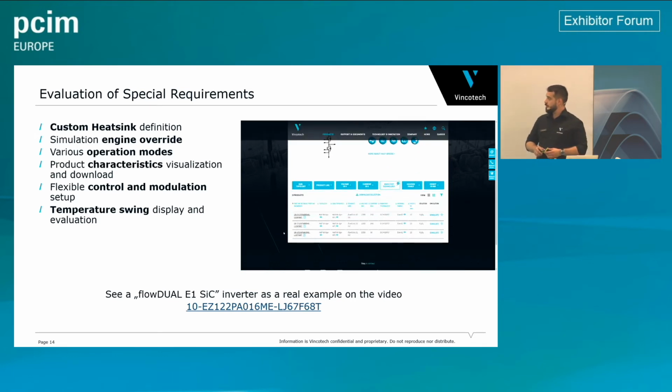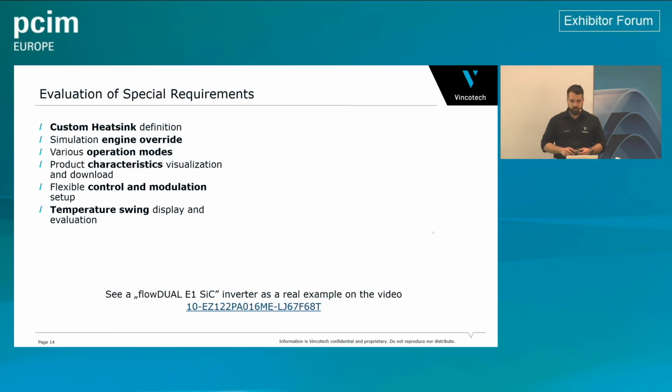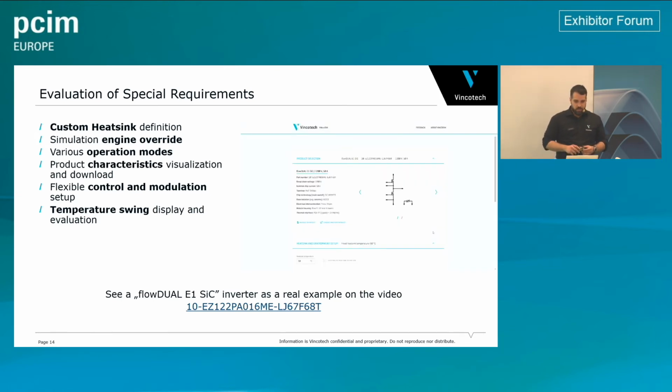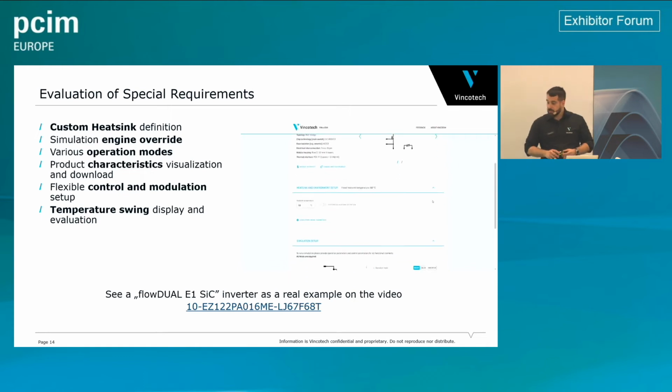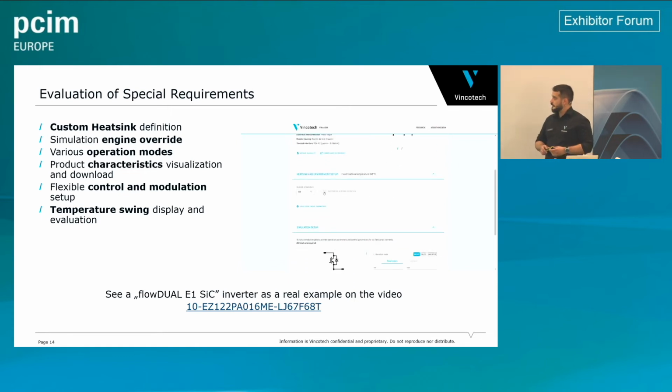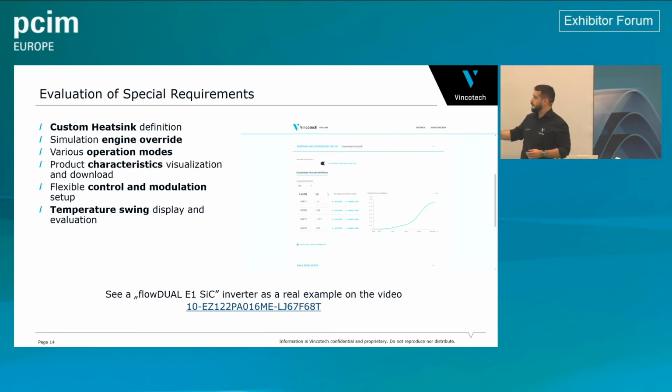When the product is open in the simulation environment, you can define, for example, your own custom heatsink definition. You have to put in your Foster model in the software easily, and then this takes effect over the fixed heatsink temperature. So this is calculated in the background.